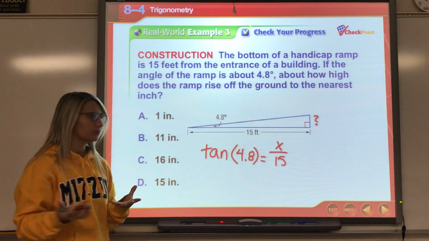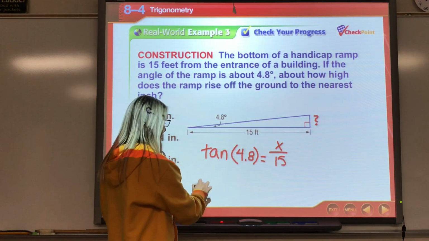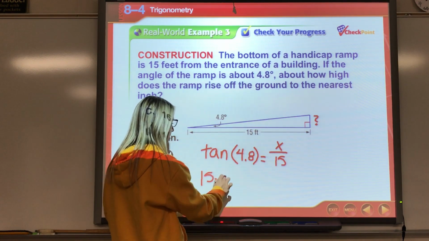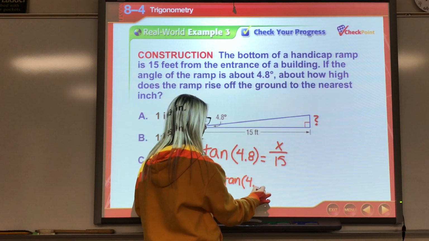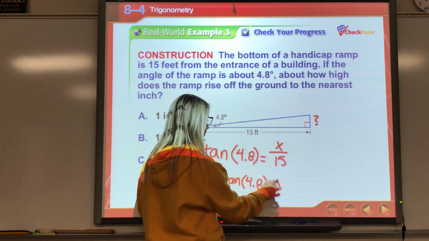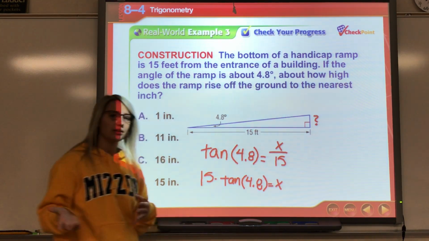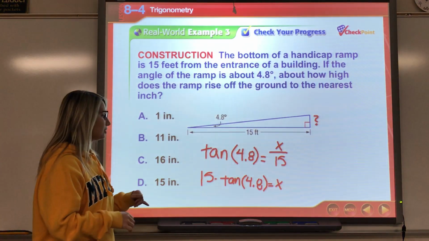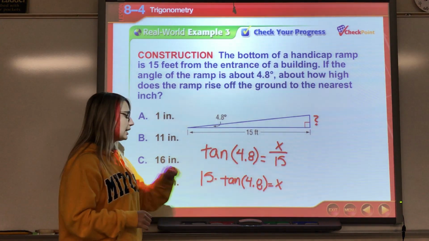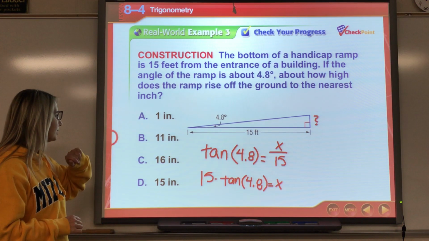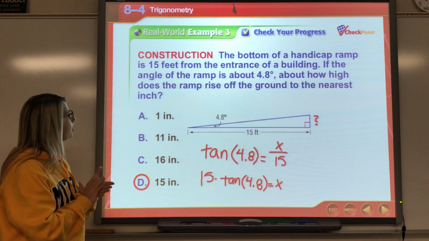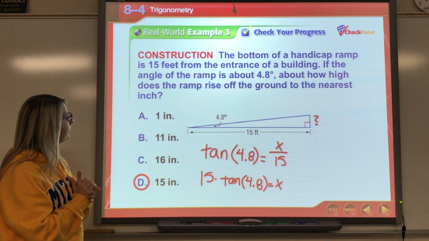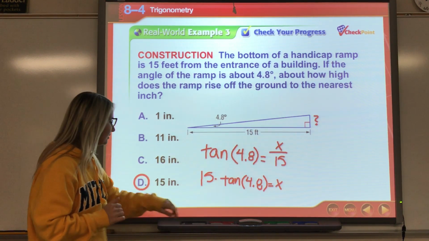Now to solve this, we have to multiply each side by 15, so we get 15 times the tangent of 4.8 equals x. And now if your calculator is in degree mode and you type this in, 15 times tan of 4.8, we get 15 inches. Oops, I did something wrong, didn't I? We have to convert this 15.